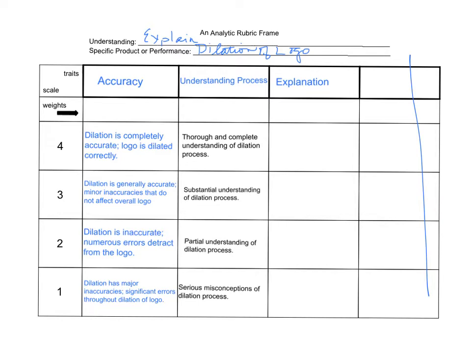All right, we're going to move on to our last column, which is the explanation. Here's where students are being asked to explain how that clear proof of the logo being a dilation. So they've done all the work. Now can they explain how it happened? So when I'm thinking about explanation, I'm thinking about their degrees of clarity. Are they able to explain really what happened? So those are the differences in degree that I'm going to be using here.